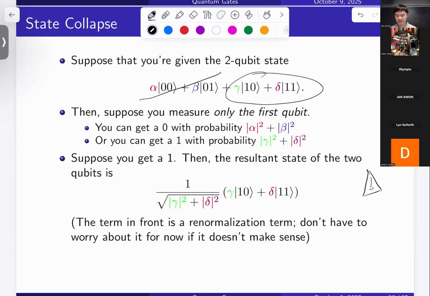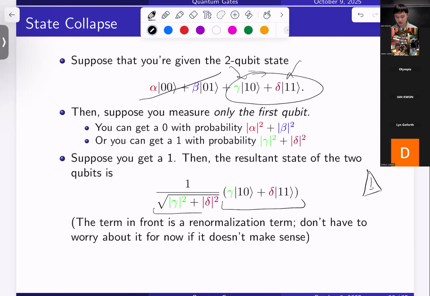So this is kind of our new state, because measuring a 1 on the first qubit doesn't tell us whether it's the first one with the gamma coefficient or the second one with the delta coefficient. We can't distinguish them from our measurement. So it's preserved: we've narrowed it down to these states, but it's not collapsed any further, so it's not one particular state yet.